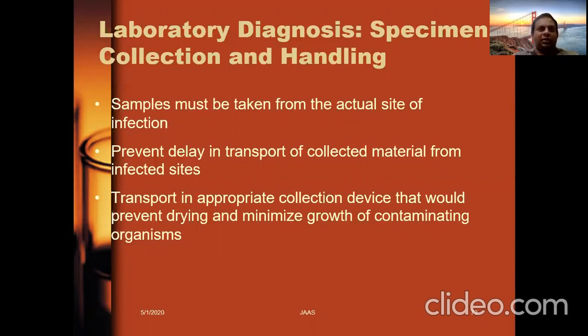So for collection, we always have to use sterile containers, because if other organisms are there, they may contaminate, and we will not know whether it is a real pathogen or not. Sterile means no organisms, no spores, nothing there.